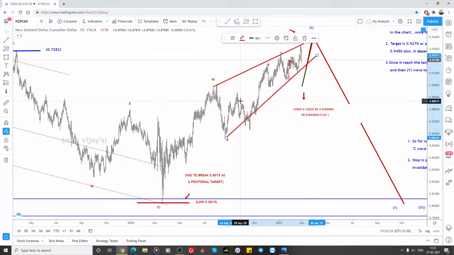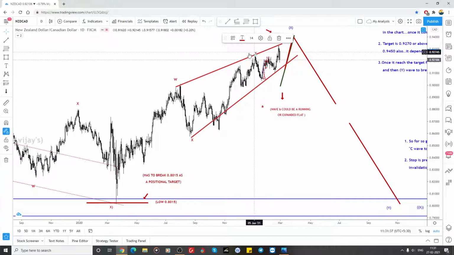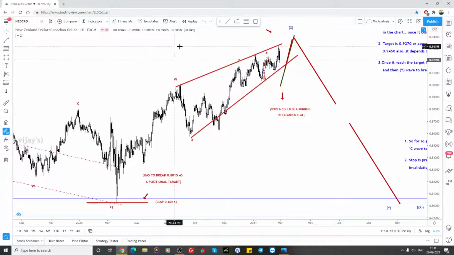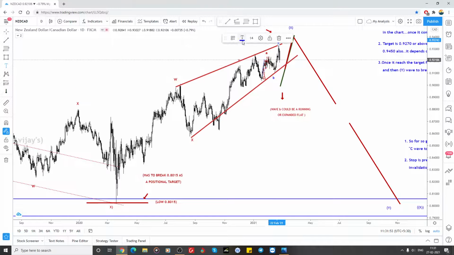So this is the WX. So here ABC is the end of the W. Y is over, and this is one more X. This is the A. So this is the B. This is the B, and this is the Z wave. So for that we need to, yeah, this is the Y wave.